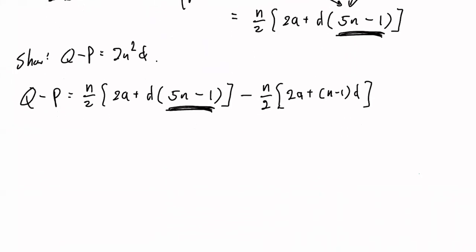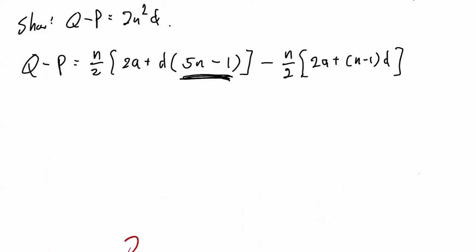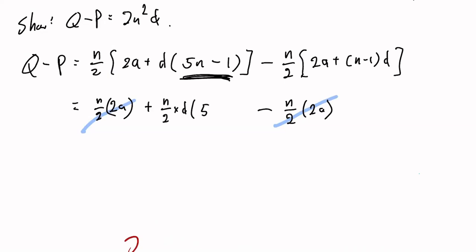So what do we do next? Simplify. Let's just multiply in n over 2 times 2a. I'm not even going to simplify this, because I straight away see that there's a minus n over 2 times 2a, so they will cancel off. Plus n over 2 times d times (5n minus 1), and minus n over 2 times (n minus 1) times d.